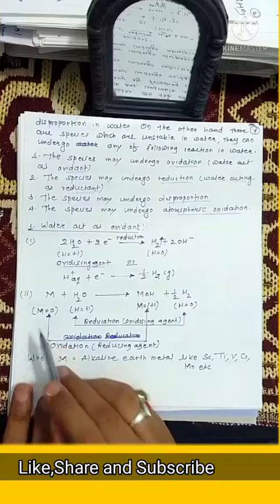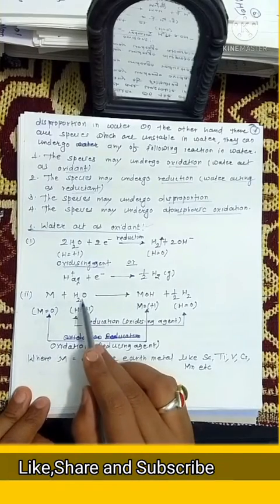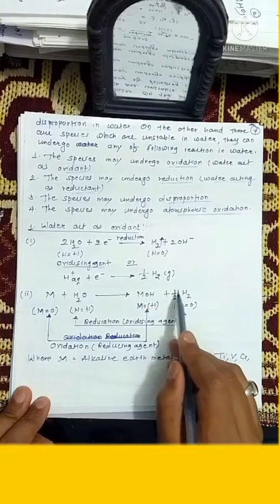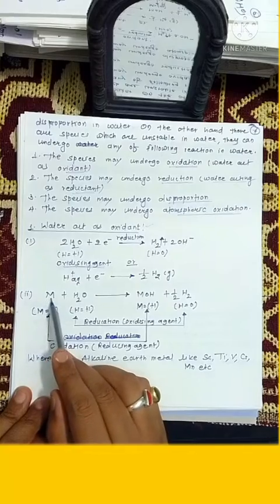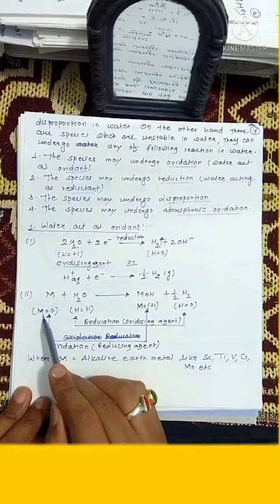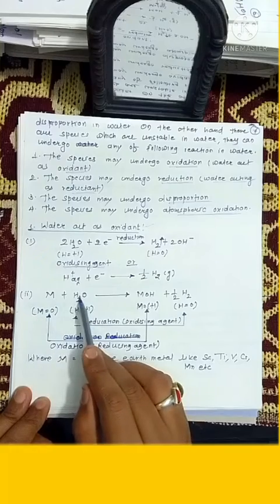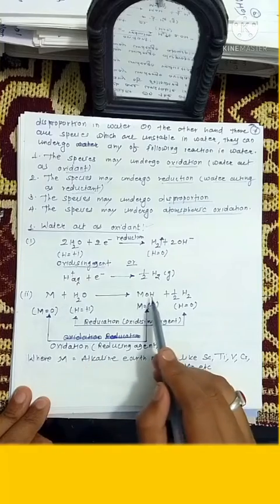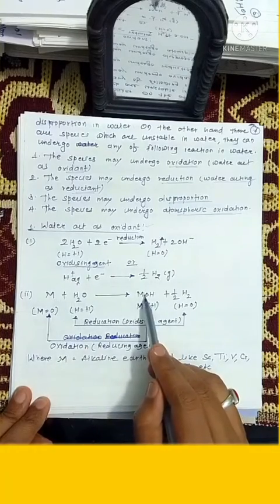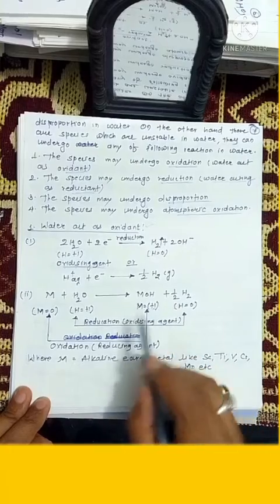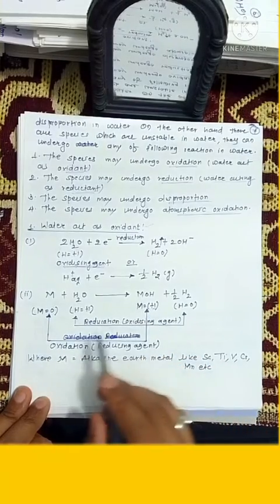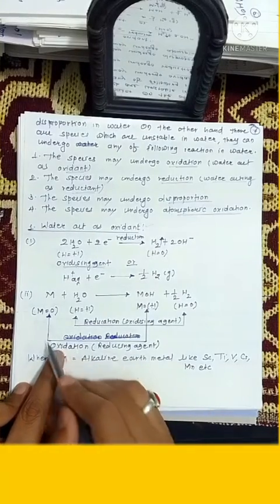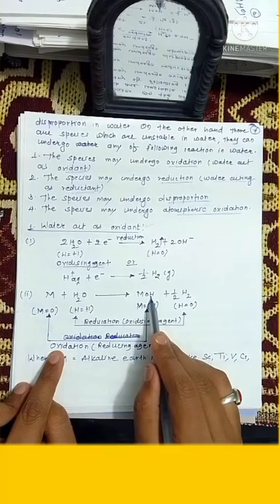Now see the second reaction: a metal reacts with water to form MOH plus half H2. In this case the metal has 0 oxidation state, and hydrogen in water is in +1 oxidation state. The oxidation state of the metal in the product is +1. So 0 to +1 happens due to the loss of electron, so this reaction is oxidation.